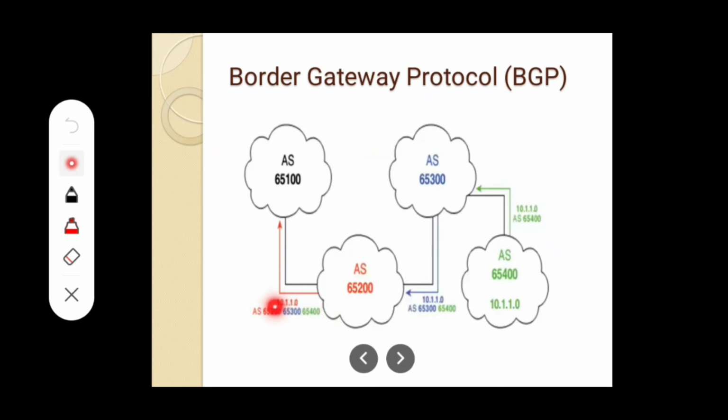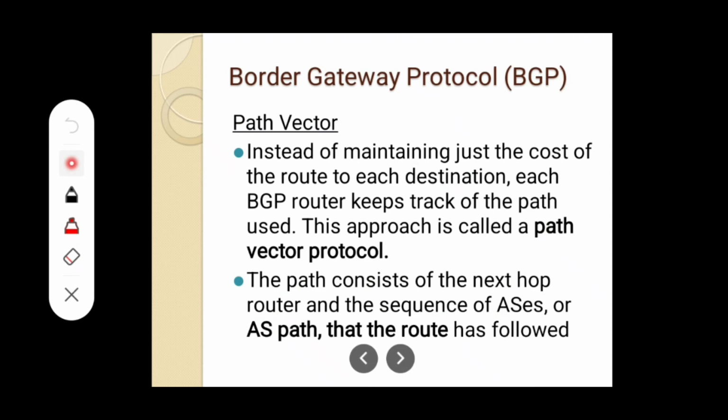By reading this information, we get the path through which this packet has been traveling. It is initiated from 65400, travels through 65300, then finally to 65200. So this is called the path vector.